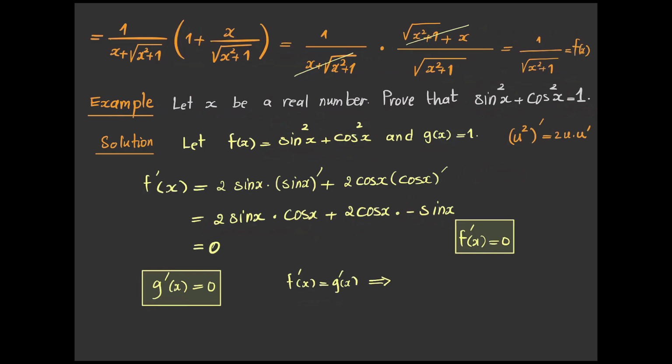This means that there exists a c, which is a constant, this is important, such that f of x is equal to g of x, but not necessarily g of x itself; it contains an additive constant as well. So if I want to write that, it becomes sine x squared plus cosine x squared is equal to 1 plus a constant.